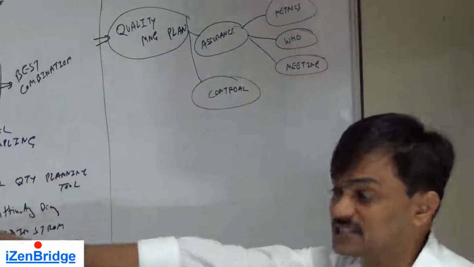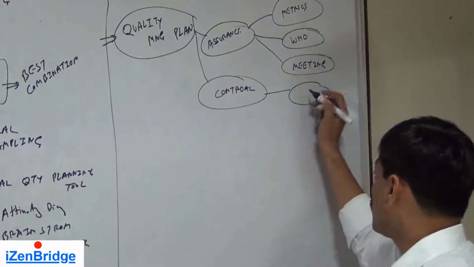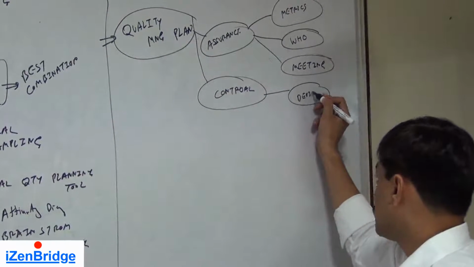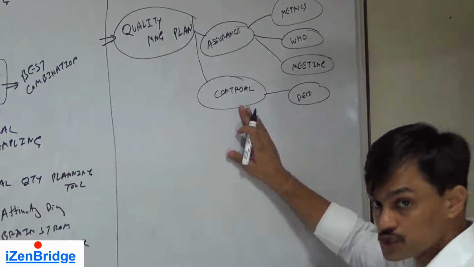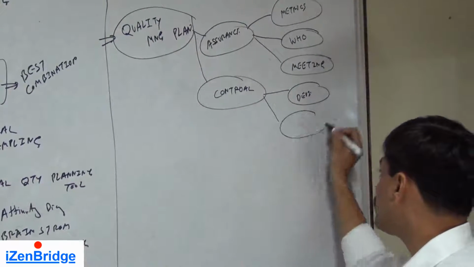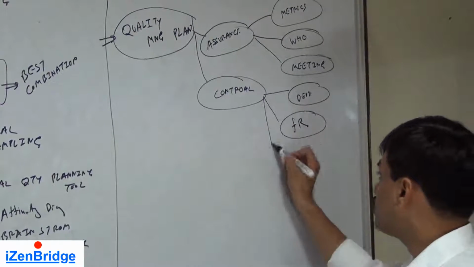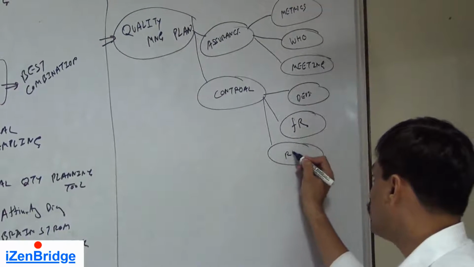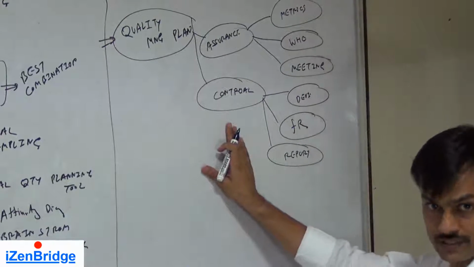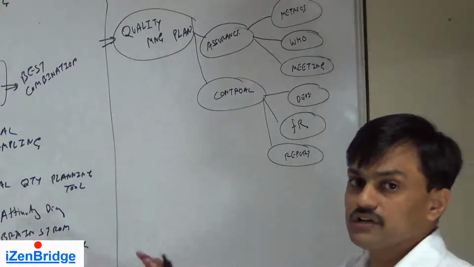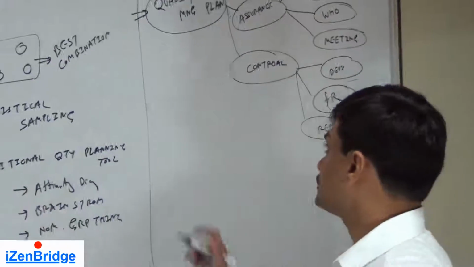In control, we can talk about which deliverables are candidates for project quality control activity, at what frequency we are going to do a quality check, and what kind of reports we are going to produce out of these control activities. So the quality management plan gives us the complete framework for our project quality management.